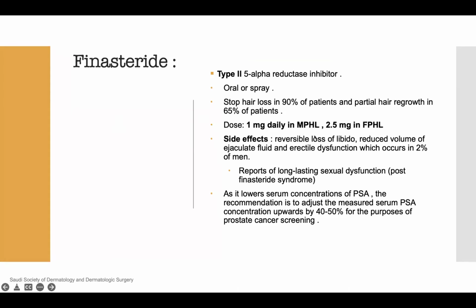Side effects include multiple sexual side effects, which usually occur in men. Just to keep in mind, if the patient is on finasteride, it lowers the serum concentration of PSA, so it's recommended to adjust the measured serum PSA, especially if we are screening for prostate cancer.